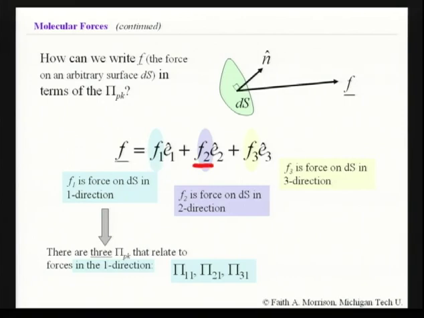F2 is the component of the force in the 2 direction. And F3 is the component of the force in the 3 direction. And we pick, for instance, F1 and know that it must be some combination of the force on a 1 surface in the 1 direction, on the 2 surface in the 1 direction, and on a 3 surface in the 1 direction.